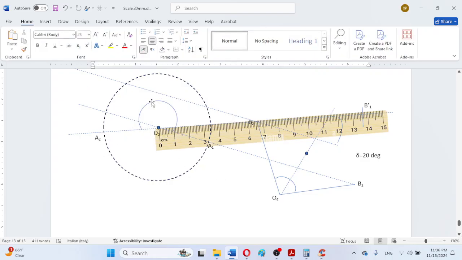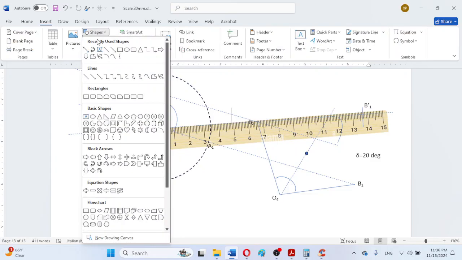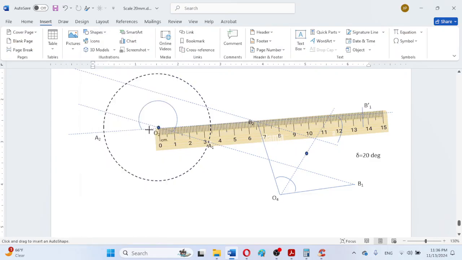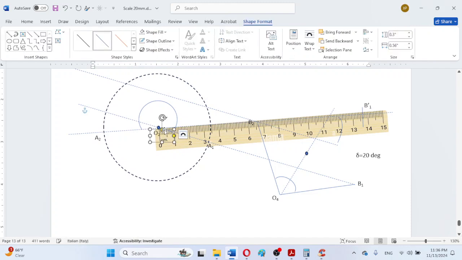So this is angle beta, this is the forward stroke, and this is the angle alpha that can also be drawn here using just the arc command here like this.